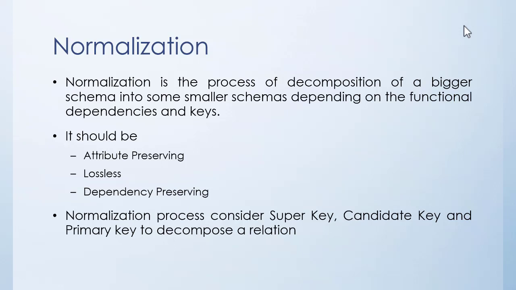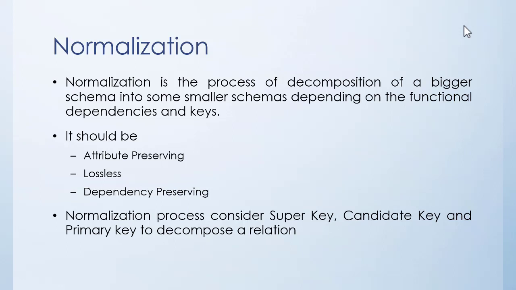The second one is lossless. This is a very important aspect when we are performing decomposition. Lossless means that if we decompose a bigger schema into smaller schemas, and we then join the smaller schemas, we should get the exact bigger schema.